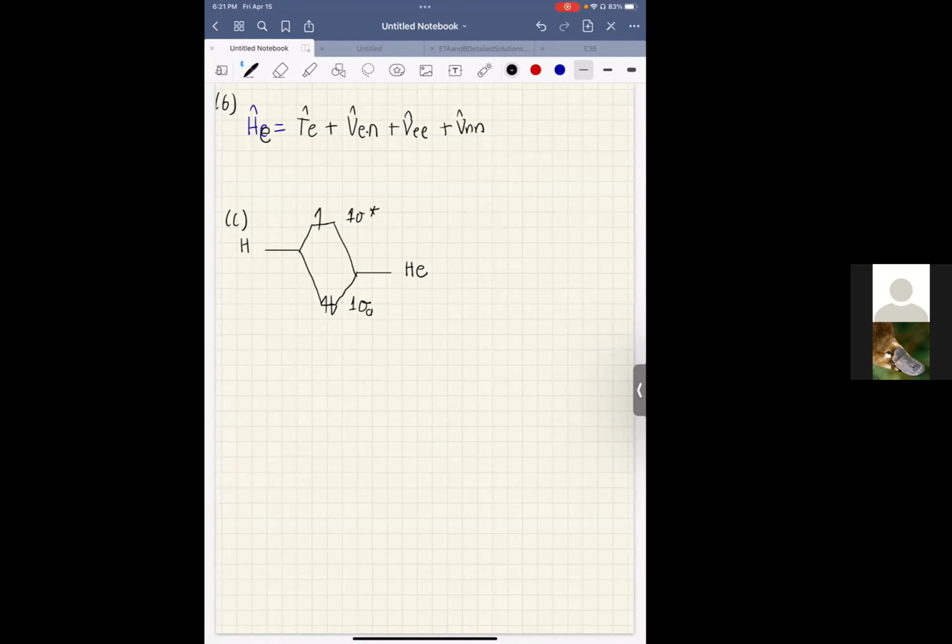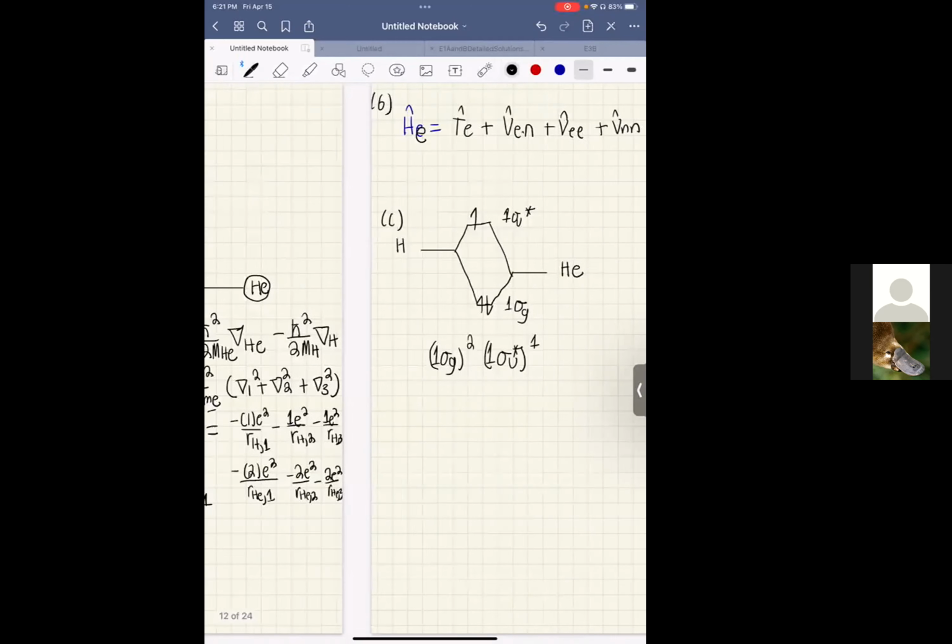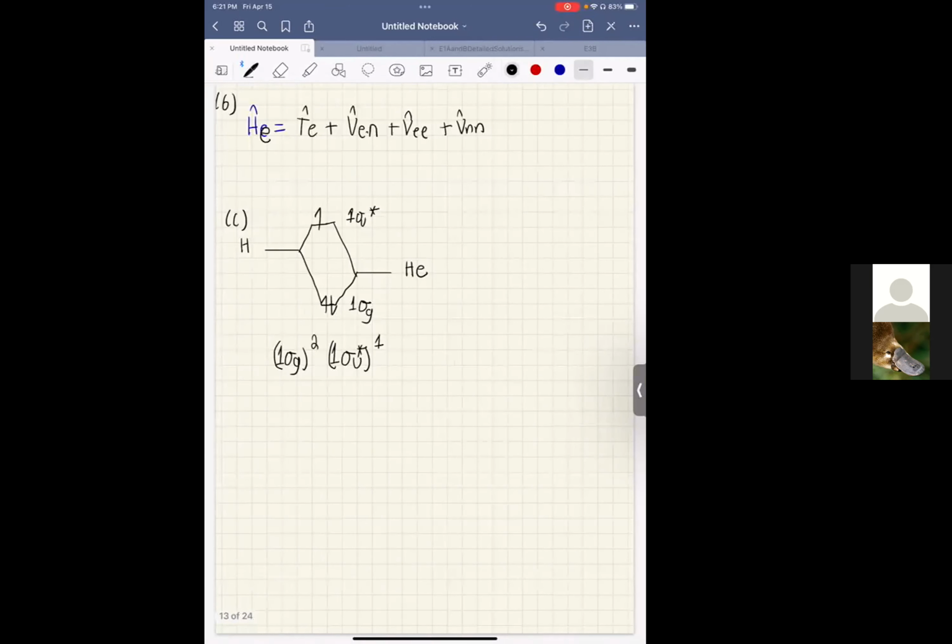Oh wait, this is going to be gerade and ungerade. It's going to be 1 sigma g squared, 1 sigma u star, 1. And that'll be your electron configuration.